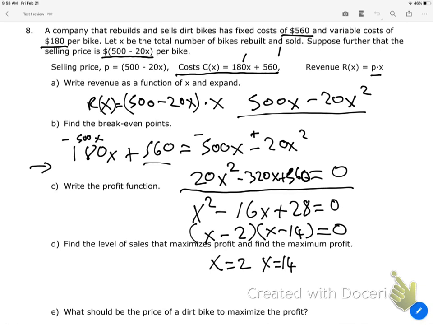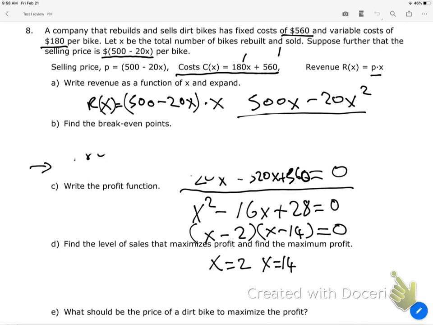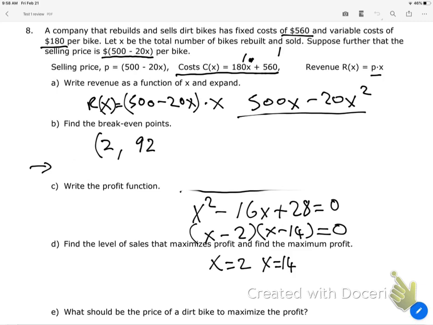So I'm going to go back up here. Remember, when x equals 2, I'll put it into the cost equation. 180 times 2 is 360 plus 560. What's that? 920. So that would be the cost. If I make 2 bikes, it will cost $920. The other one is 14.